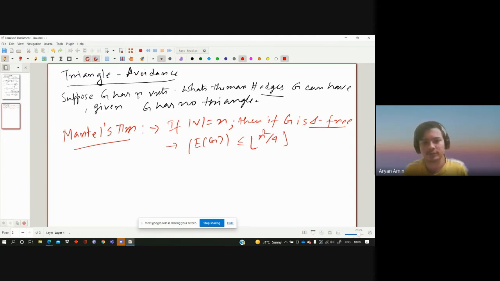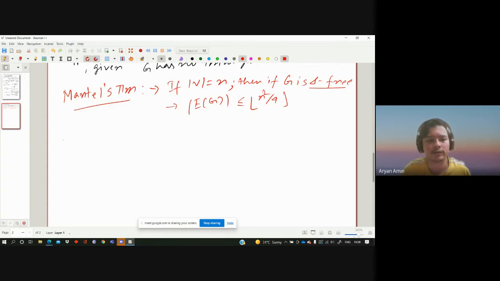For example, for n equals 4, you can have this graph, right? This graph has 4 edges but no triangles. Now what happens if you add an edge?